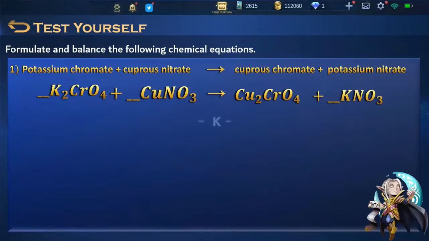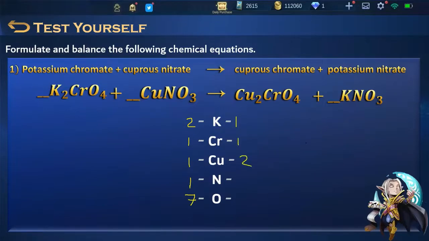So, input all the elements present, an inventory. Reactants: potassium 2, chromium 1, oxygen 4, 1 copper, 1 nitrogen, 1 oxygen, 4 and 3, that's 7. Plus 7. Products: potassium 1, chromium 1, copper 2, nitrogen 1, and oxygen 7 as well, no?